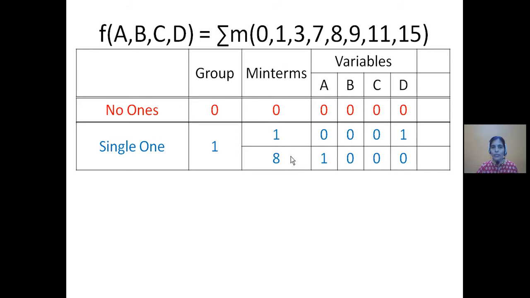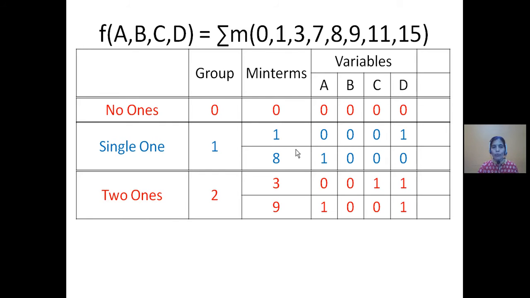So these two min terms have only one single one. If we look at the next group, which consists of two ones, then there would be two min terms. One is the 3 min term, and the second is the 9. 3 is represented by 0, 0, 1, 1. There are two ones, and in 9 also there are two ones.